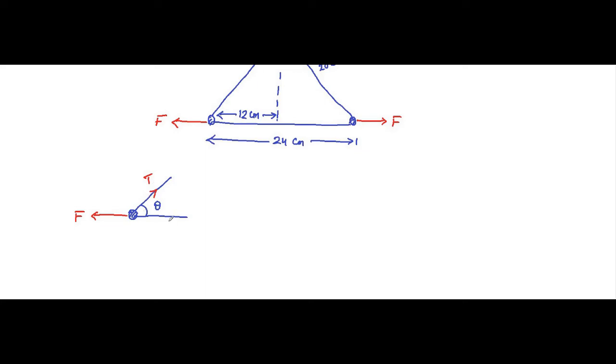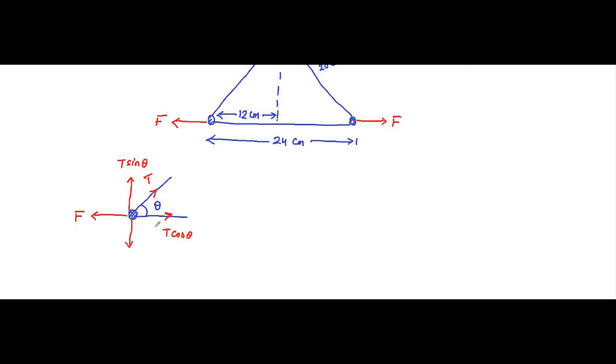If we resolve this tension force into two components along the horizontal and vertical direction, we have T cos theta acting along the horizontal direction and T sin theta acting along the vertical direction.